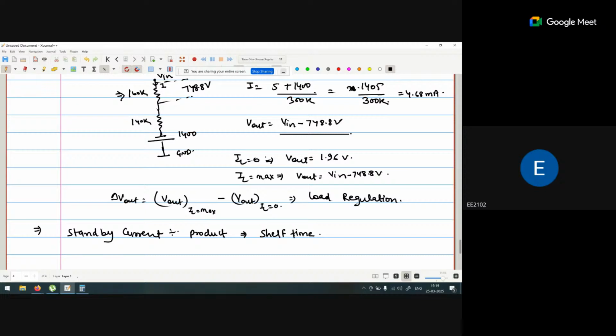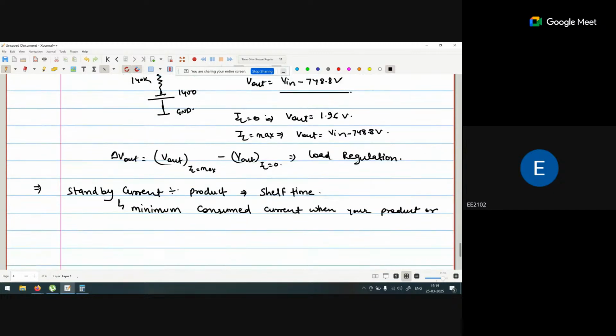The standby current is the minimum consumed current when your product or appliance is not working.